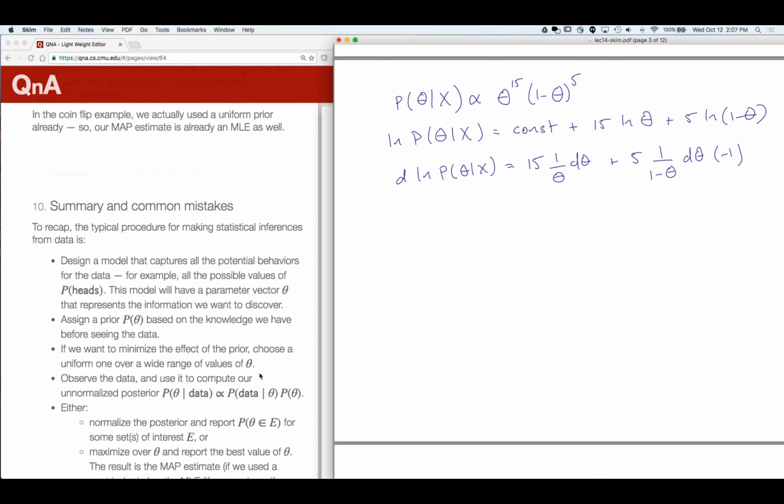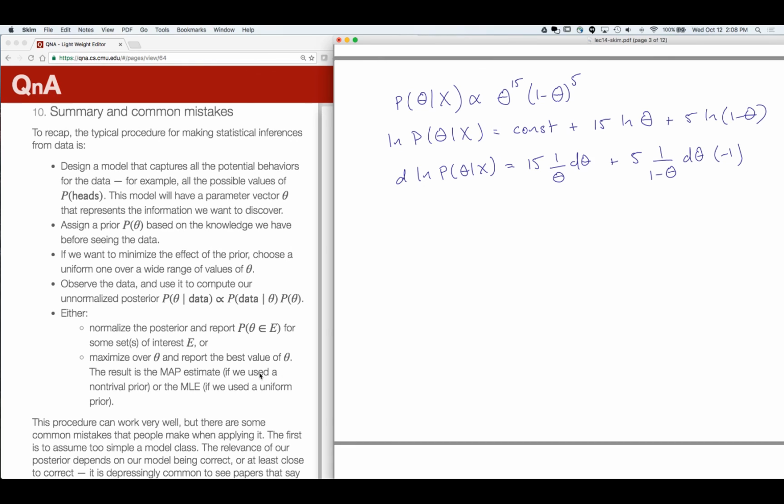All right, so our procedure. We start by designing a model that captures all of the potential behaviors for the data. For example, all of the possible values of p of heads. The model has a parameter vector theta, and that's what we want to discover. We assign a prior based on the knowledge we have before seeing data, or we just set the prior to be uniform over a wide range of values of the parameter if we want to minimize arguments.